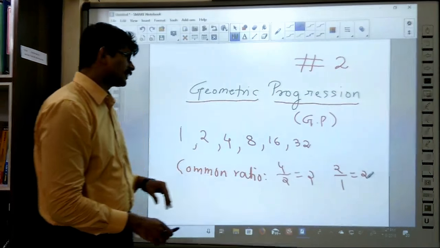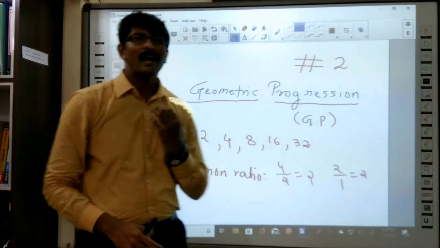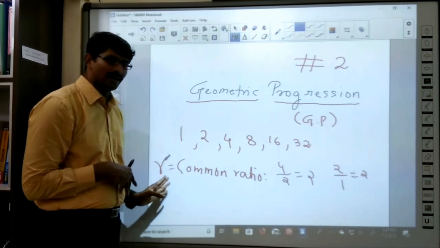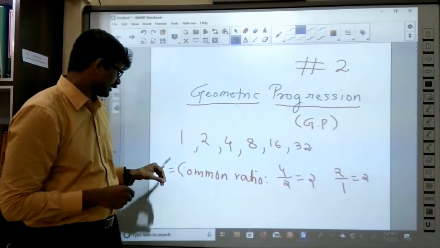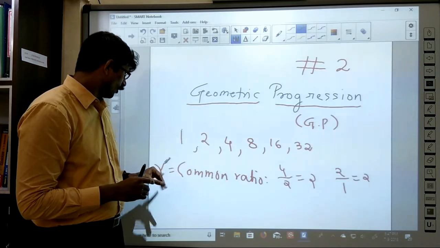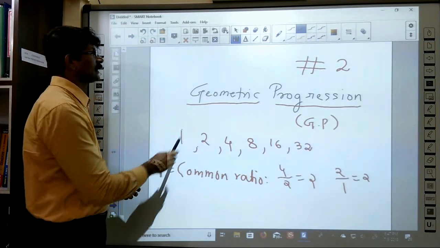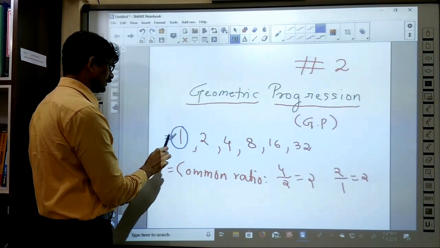That is common ratio, which is generally denoted as R. Like how we had d in AP, in geometric progression we will have R. R stands for common ratio. And again we will have the same thing, like 1, which is nothing but a.